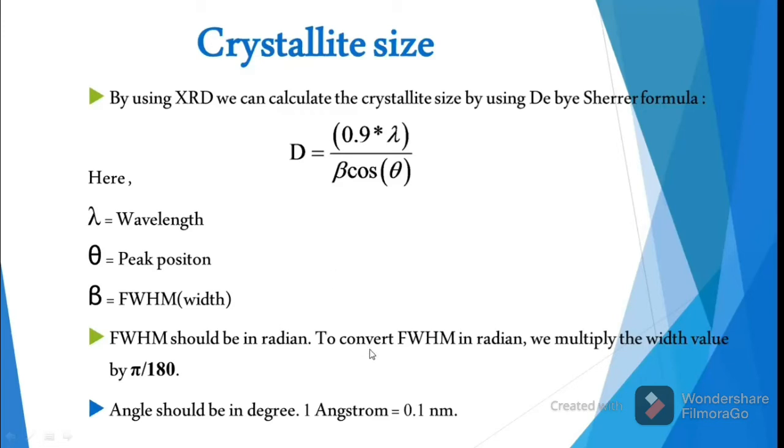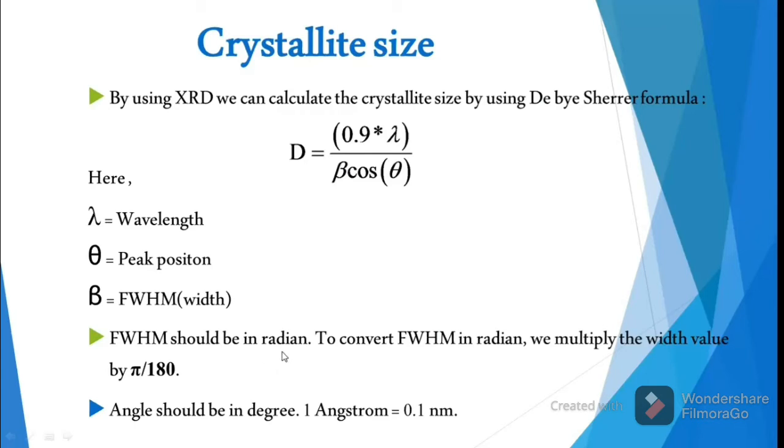To convert the full width at half maximum into radian, we multiply the width value by pi by 180. First of all we get the full width at half maximum, then multiply this value by pi by 180 to convert it into radian.